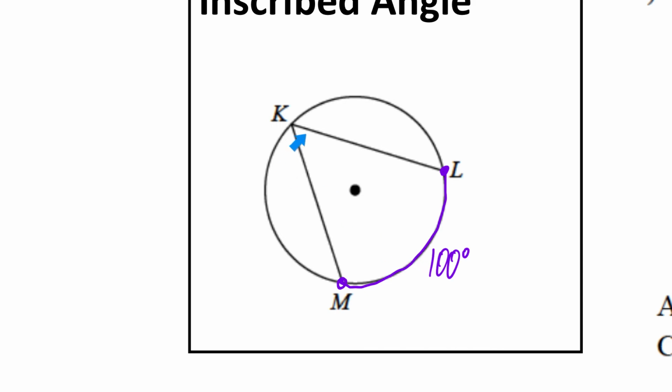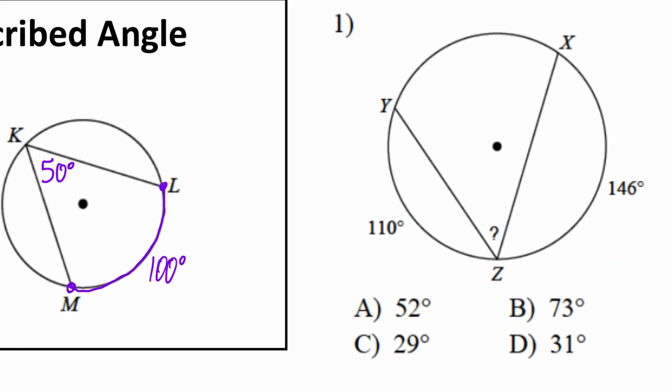No. How does this angle relate to this arc? It's half of it. Good. So if this arc is 100, how many degrees is that angle? It's going to be 50. That inscribed angle is half of the arc. So if the arc is 100, the angle is 50.